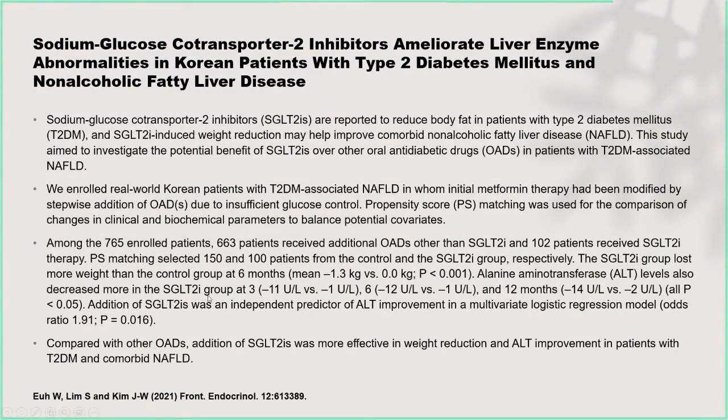Again, these are not studies that have looked as much at the fibrosis scores and NASH scores itself. So that's why it's important for us to look at studies that have looked at multiple outcomes.